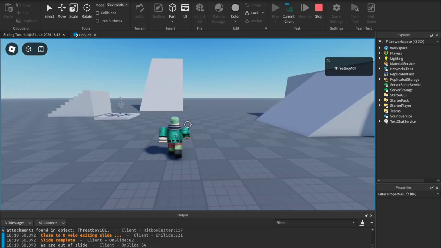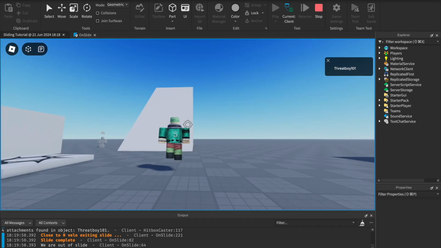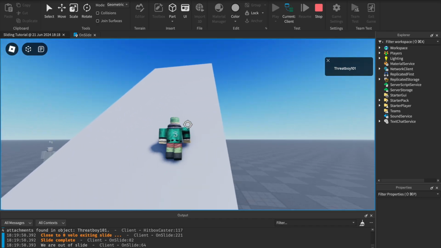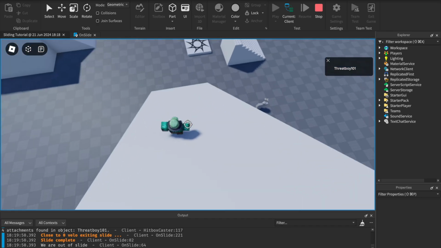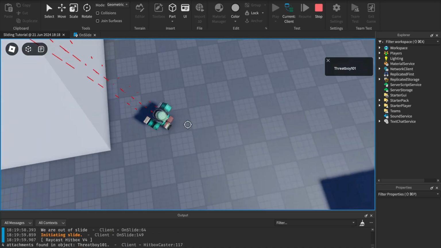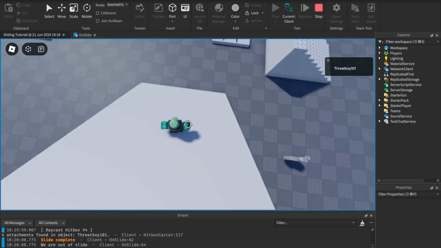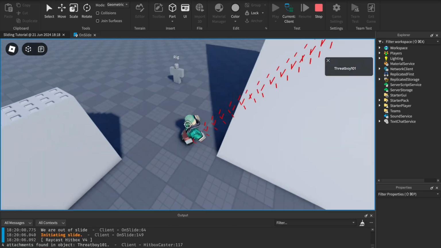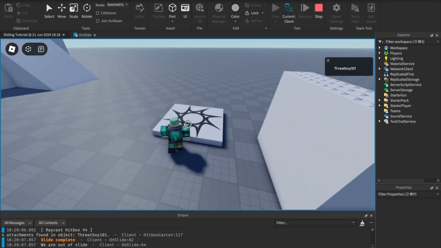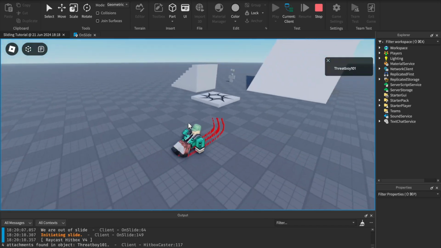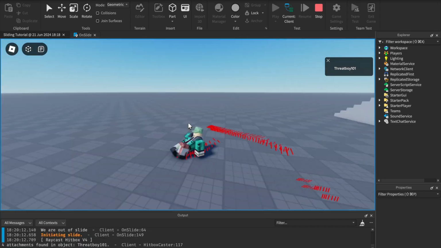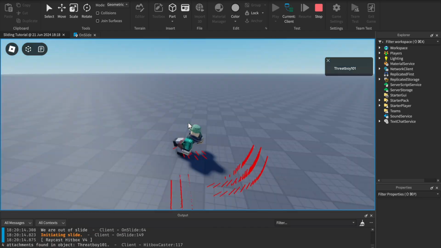But when you slide on sloped ground like this 45-degree ramp here, it's easier to rotate your body around. So I've also added that feature. And this also works in non-shift lock mode as well.